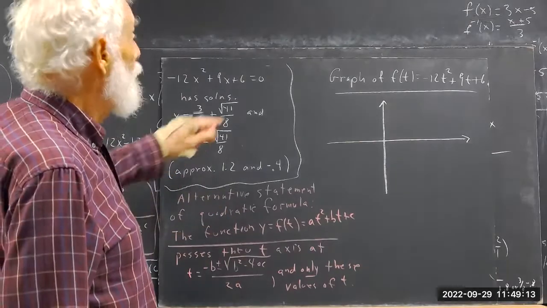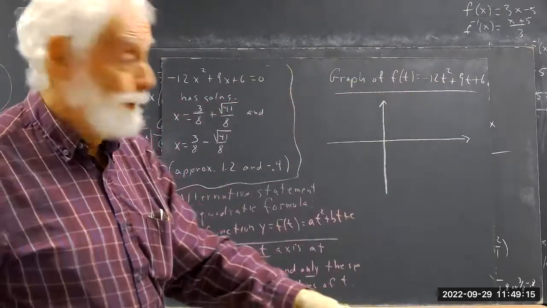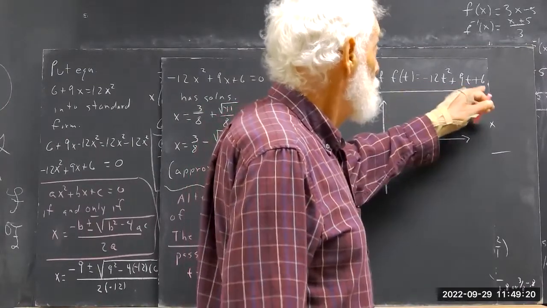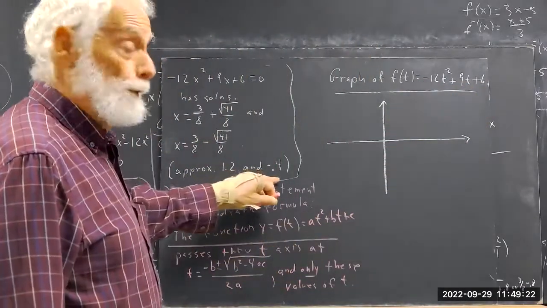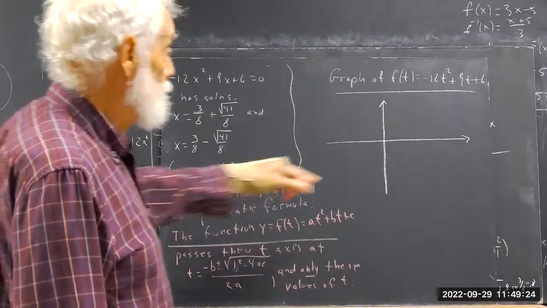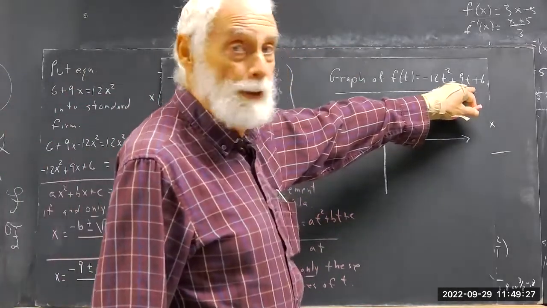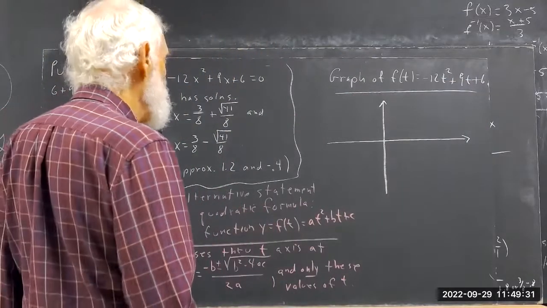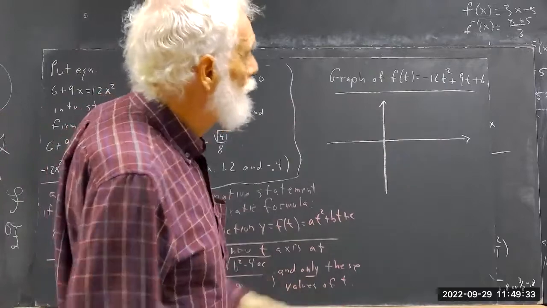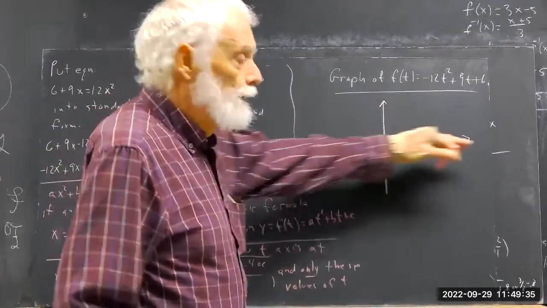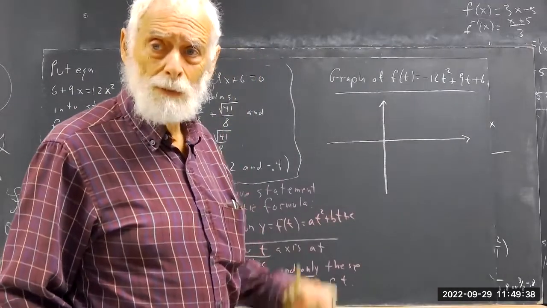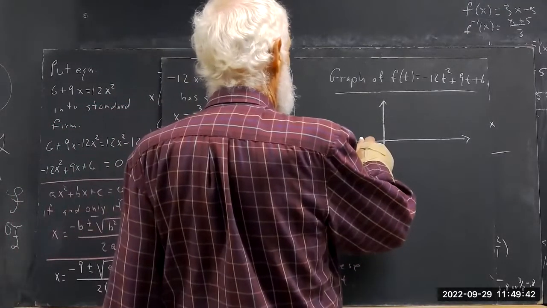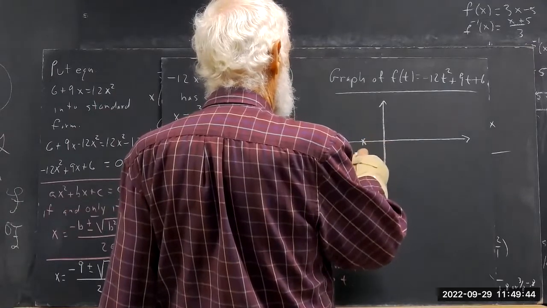Because that's where this expression is equal to 0. It's only equal to 0 at these two values, because the quadratic formula will give you exactly the same numbers. Doesn't matter if I have t's here or x's. Okay, so this means that f of t is 0. F of t is 0 means that we're on the t-axis, because f of t is y. Okay, so that means we have zeros at negative 0.4.